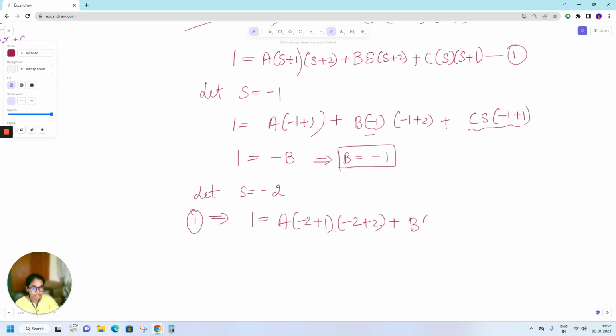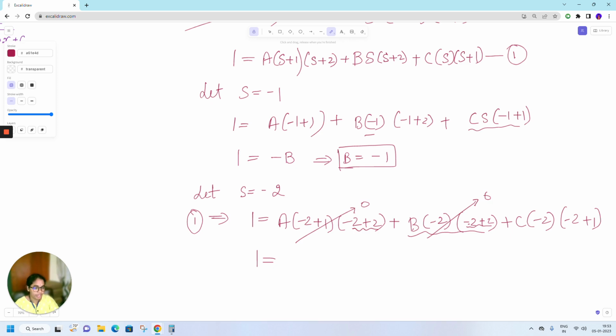Plus b into minus 2 into minus 2 plus 2, even this term becomes 0 now because minus 2 plus 2, right? Plus c into minus 2 into minus 2 plus 1. So we would get now our c value. Therefore, 1 is equal to, this term is 0, even this term is 0 because minus 2 plus 2, that was my goal.